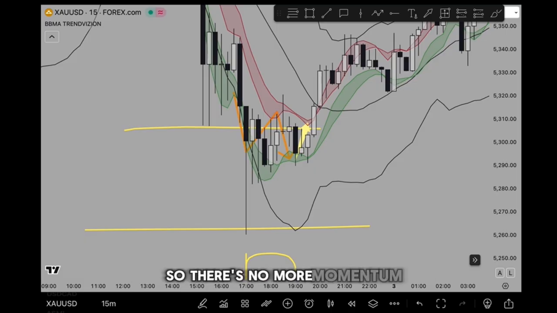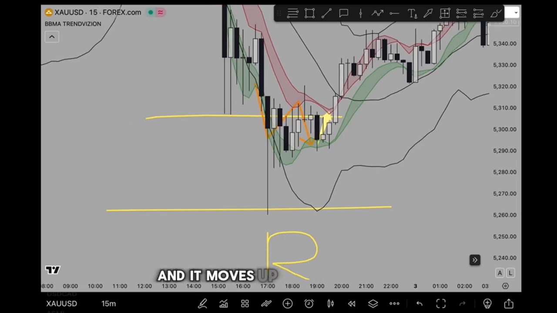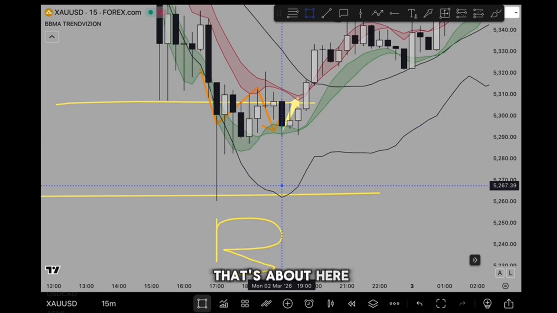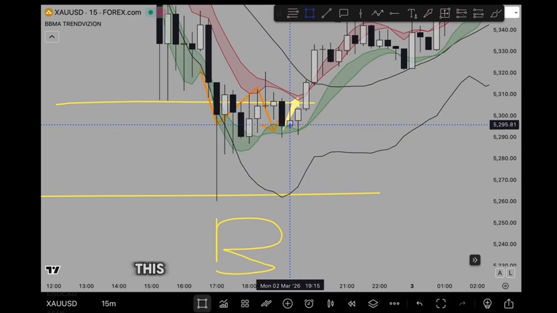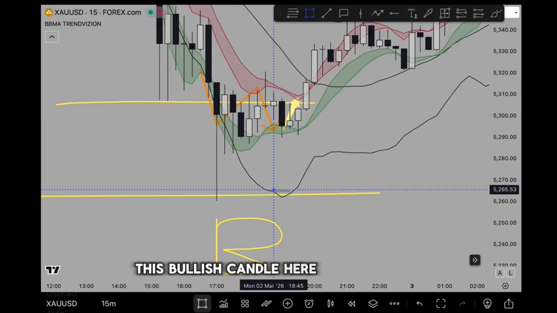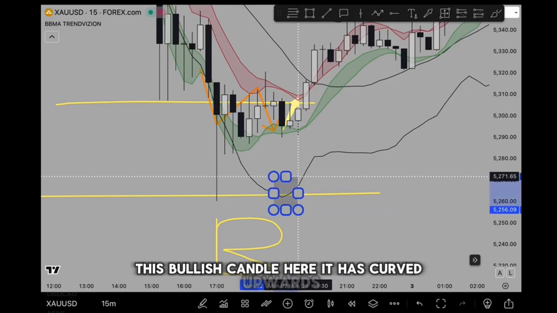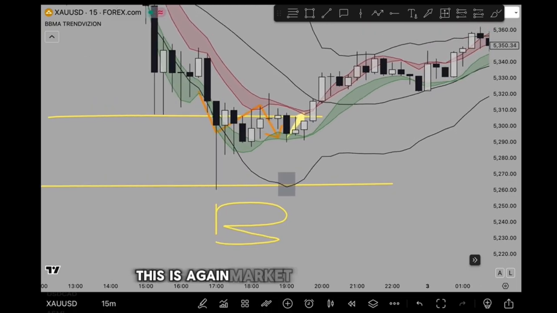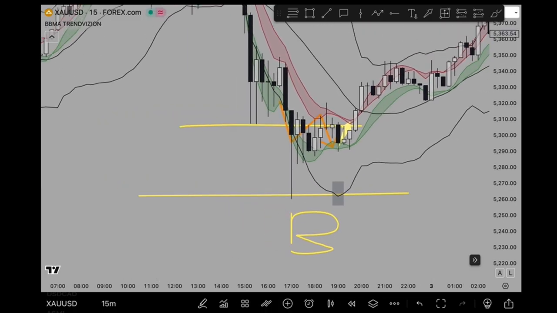So there's no more momentum and it moves up. At the same time, that's about here, this bullish candle, it has curved upwards. Okay, so this is again market losing momentum.